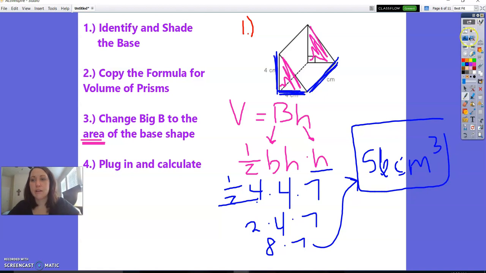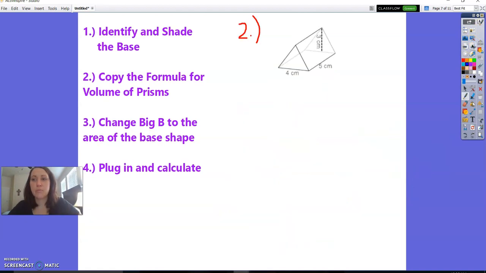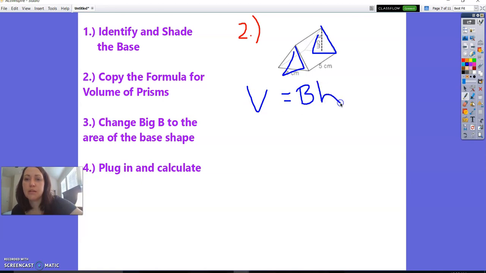All right. I'm going to do one more example with you, and then I'm going to let you try one. So this one, my base is this triangle and this triangle. My formula is volume equals big B times H. Big B here is 1/2 base times height.